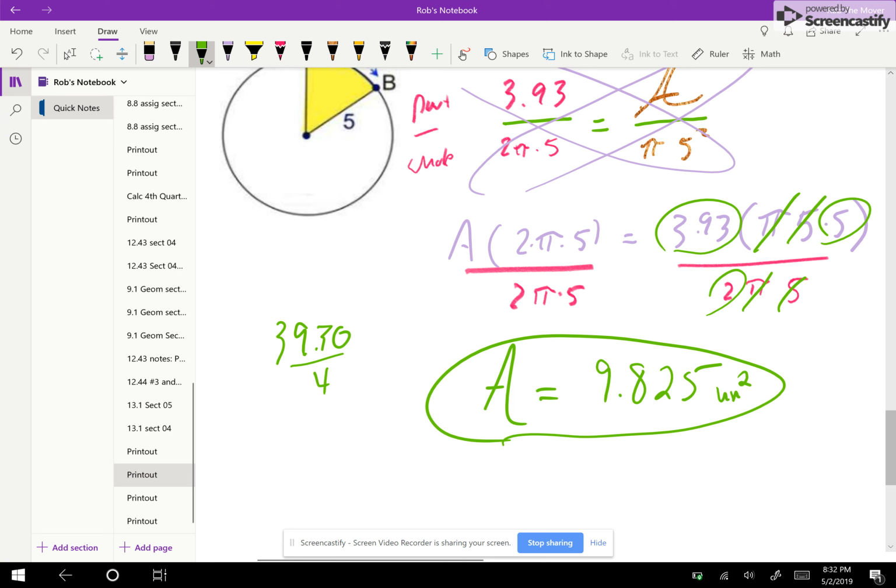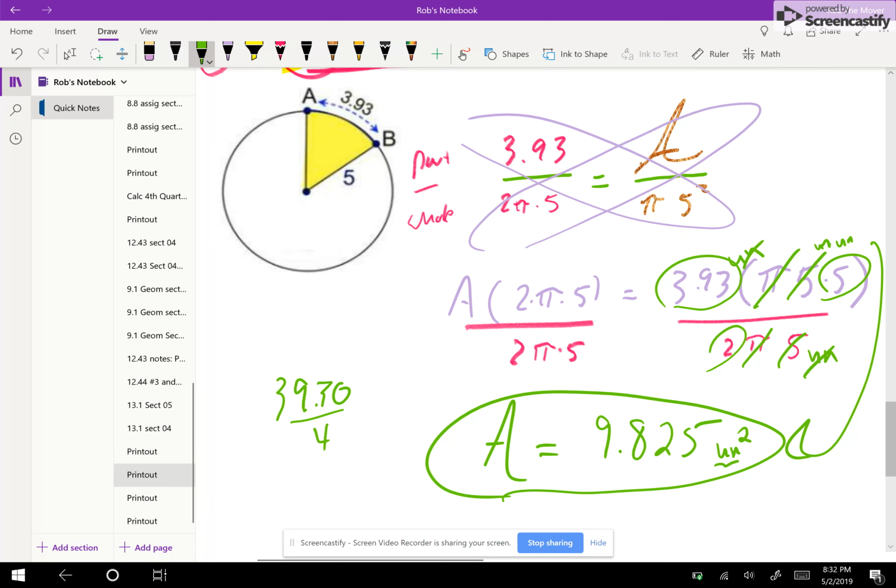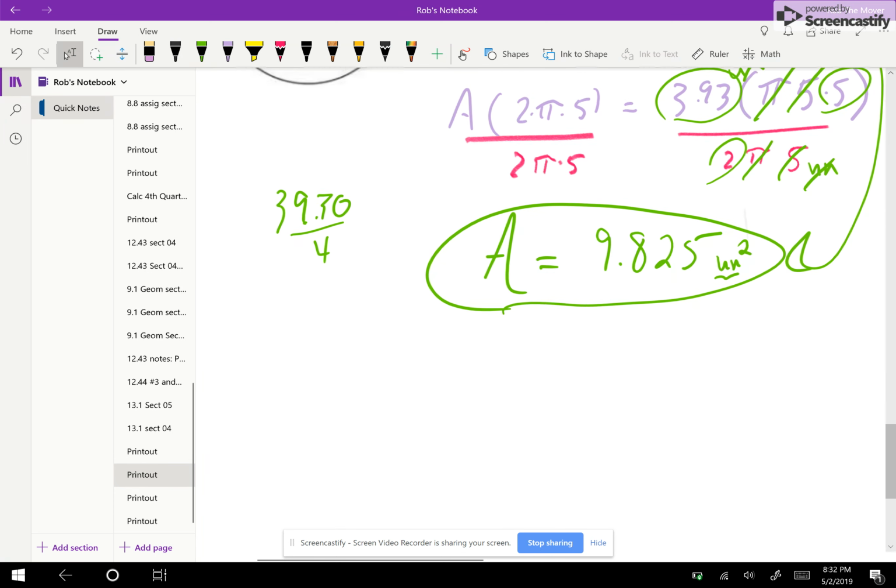The arc length was in units. Those units canceled, but then I had 5 units times 5 units, so it was units times units, giving me units squared. Units should always cancel out the way we think they should and give us the answer we expect: area in square units and length in linear units, okay?